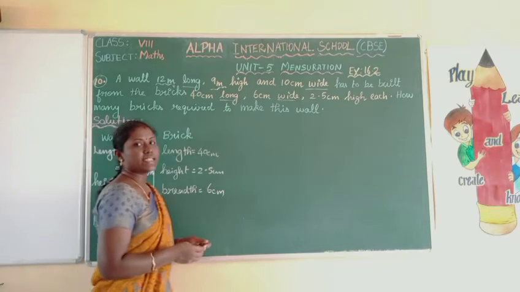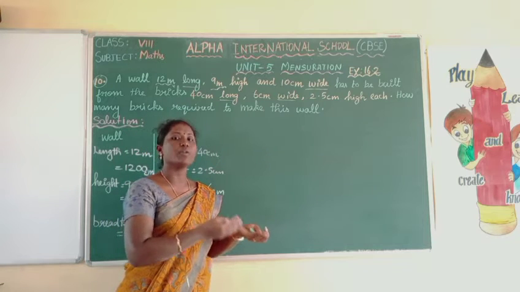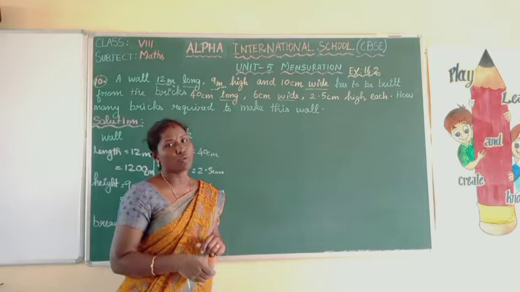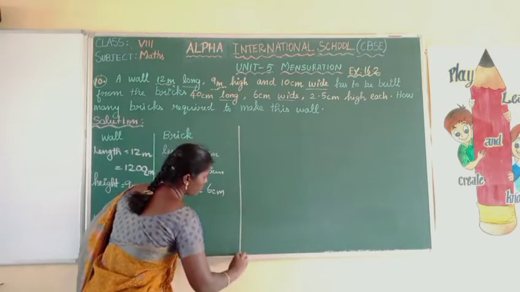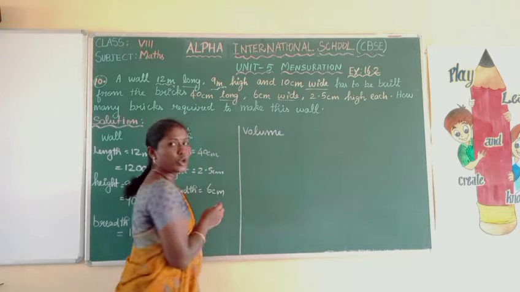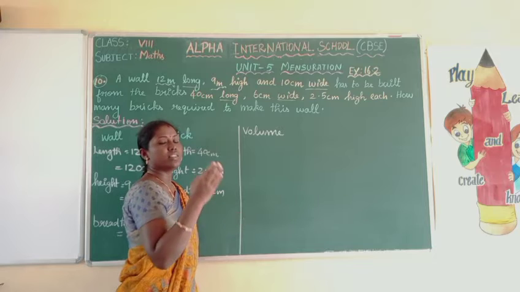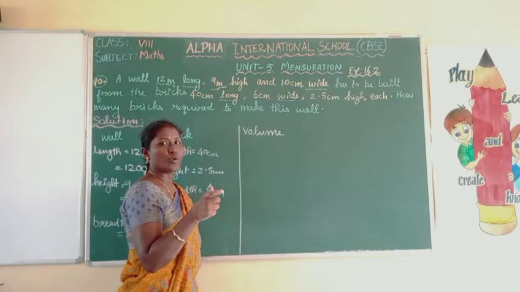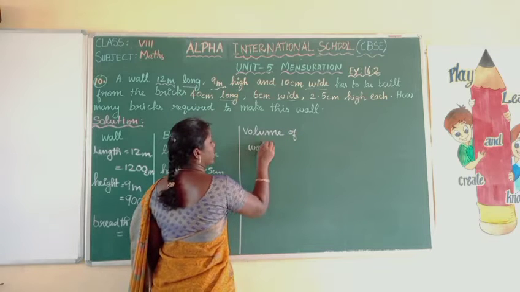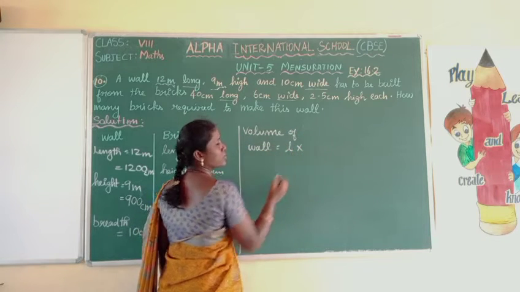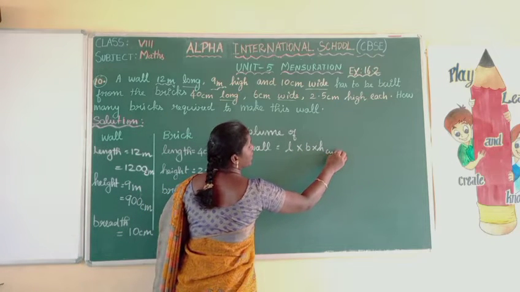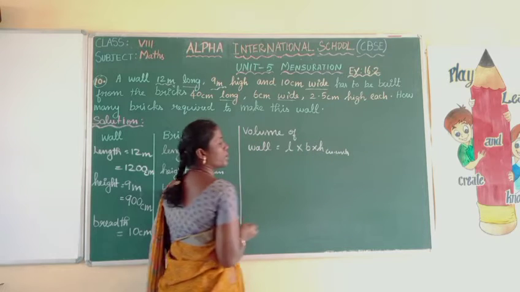Now, as I said, we are going to divide the volume of the wall by the volume of the brick to find the number of bricks. First we find the volume of the wall. What is the shape of the wall? It is in the shape of a cuboid. So the volume of the wall uses the volume of the cuboid formula: length into breadth into height cubic units.